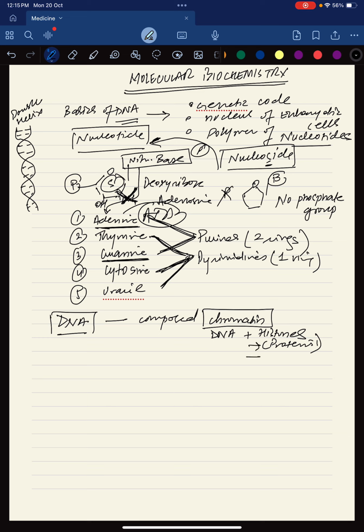Some things to remember about histones: they are proteins with 8 subunits, and with an external subunit that is H1, that basically links one nucleosome to another.